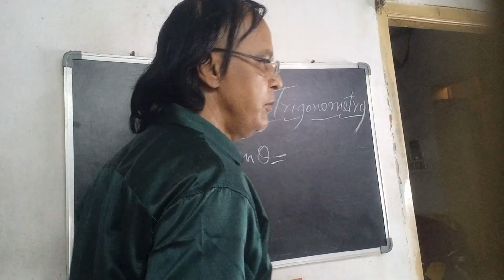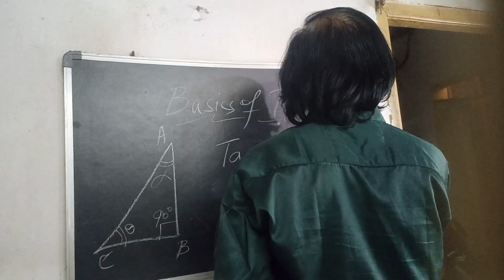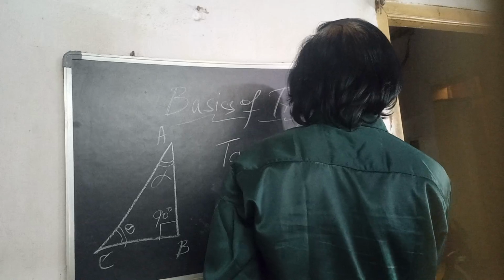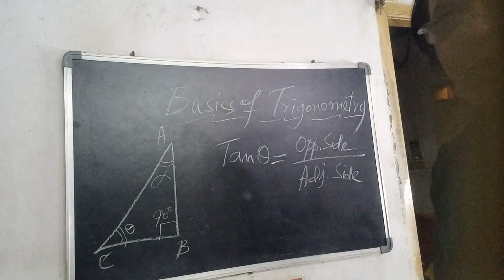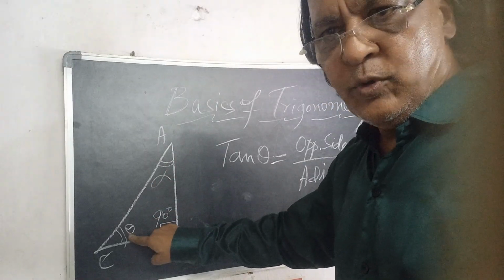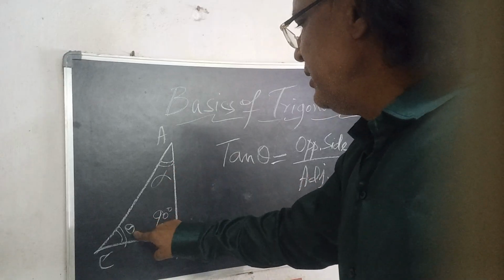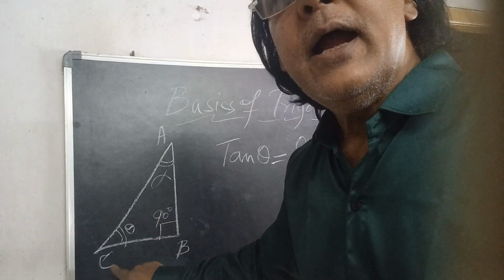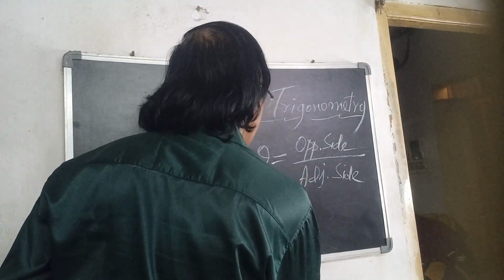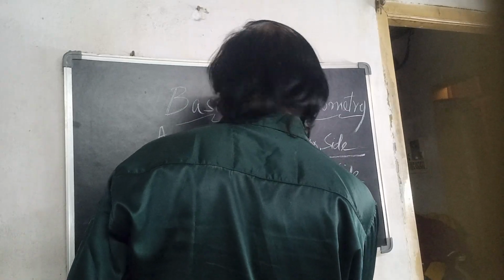Tan theta is equal to opposite side by adjacent side. Okay. What is the opposite side here? The opposite side of this theta angle is AB, and the adjacent side of this theta angle is BC. Tan theta is equal to AB by BC.